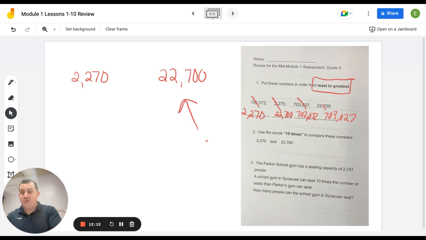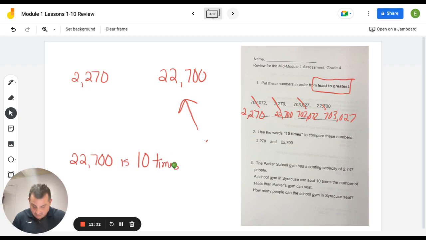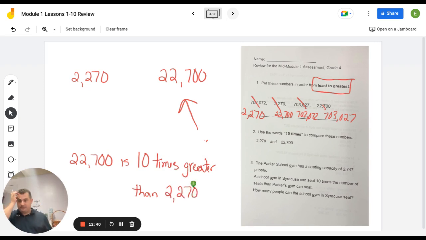So if I'm comparing these numbers, then 22,700 is 10 times greater than 2,270. Okay, that is what you would do for number 2 here. Okay, now we go to number 3.